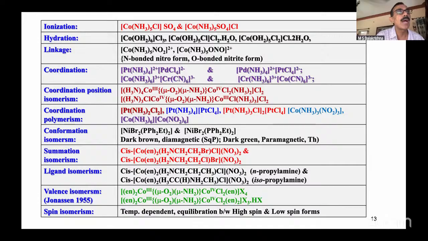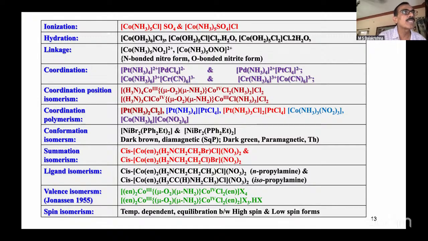And similarly, you have [Pt(NH3)3Cl]2 and PtCl4. And another example is the triammine trinitrito complex, and that also switches their coordination position. That's called coordination polymerism.